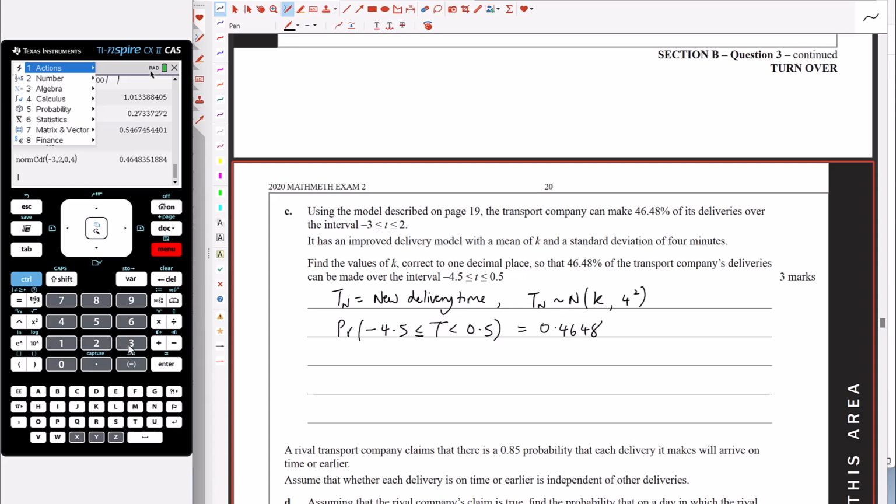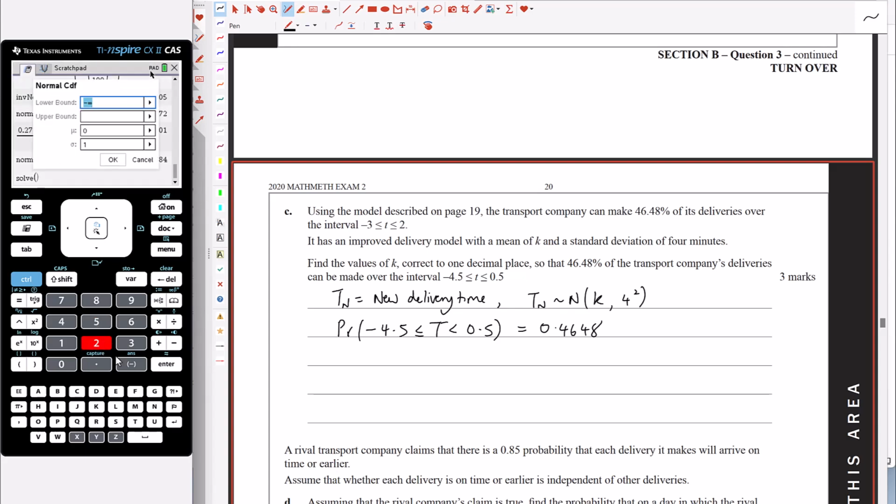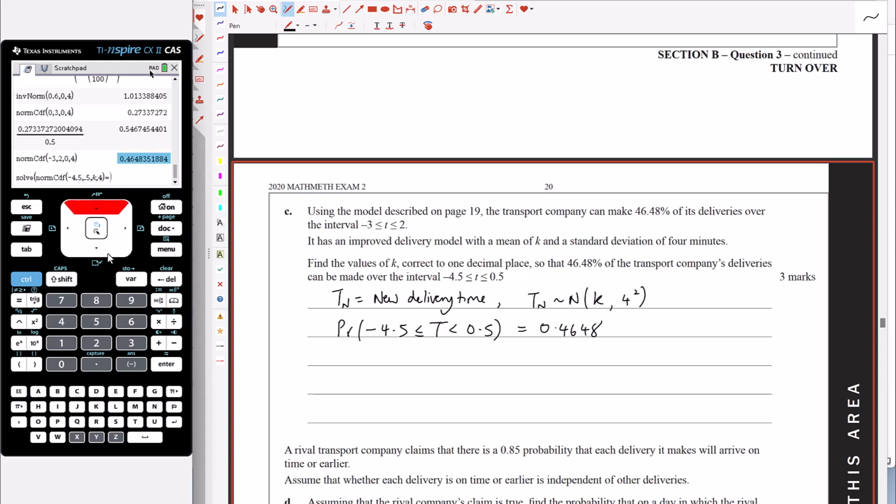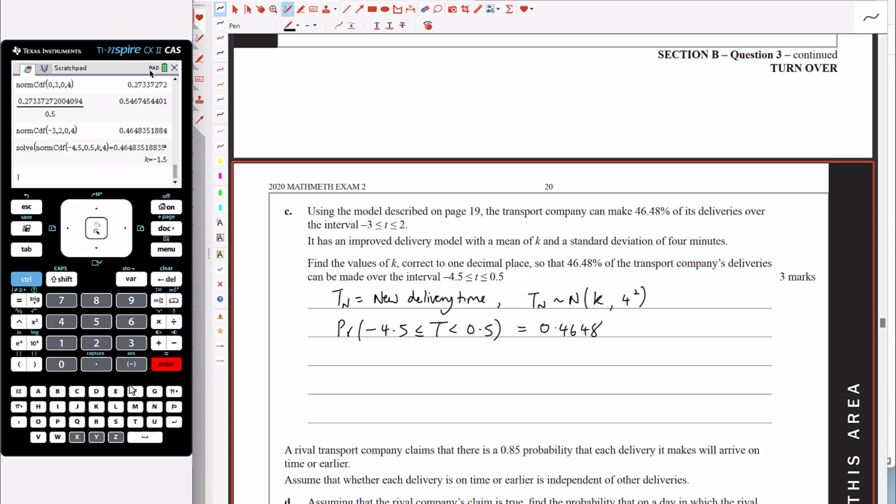Okay, so we're going to be solving a normal distribution, so menu 552, negative 4.5 to 0.5. Mean is what we don't know. It's going to be k. We're going to solve for that. Standard deviation is 4. That's okay. It just doesn't like the unknown in the normal CDF. So we want that to be equal to this number we calculated up here. We're going to solve that for k. And that tells us that k is negative 1.5.